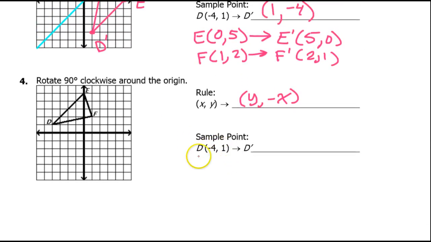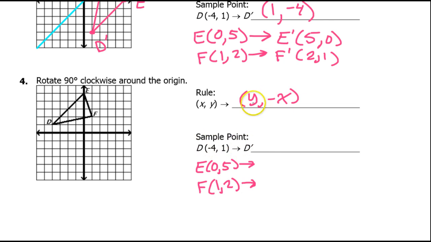So we have the points D, but then E is 0, 5, and F is 1, 2. So I'm about to use this rule on all 3 of these points.